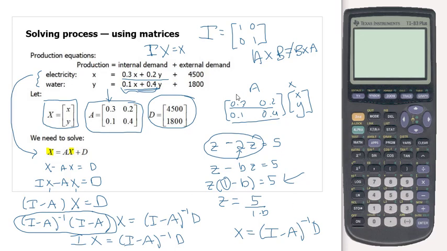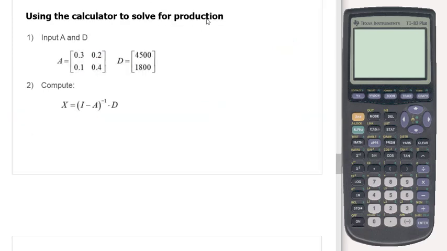So when we have a system like this, and this is our equation, we know that the solution is going to look like this. We still want to be able to solve this equation using our methods with matrices, but I don't want to do this calculation by hand. We could, but I don't want to. So I'm going to use my calculator here. I'm going to input my A matrix and my D matrix.